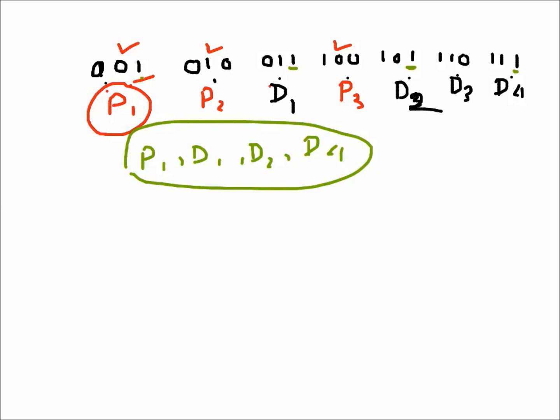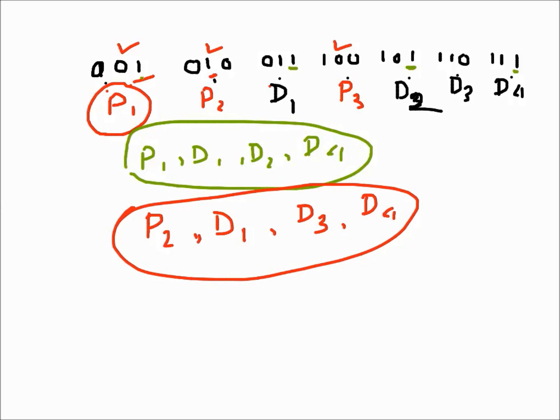Then P2 has a 1 in the middle, so P2 will go with D1, D3 and D4, which have a 1 in the middle, so these 4. And finally P3 has a 1 in the beginning, so it will go with D2, D3 and D4, which have a 1 in the beginning, this position and this position. So this is how they will form parity.